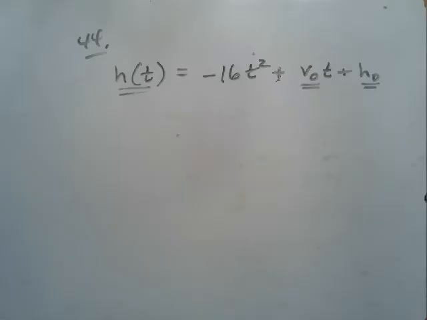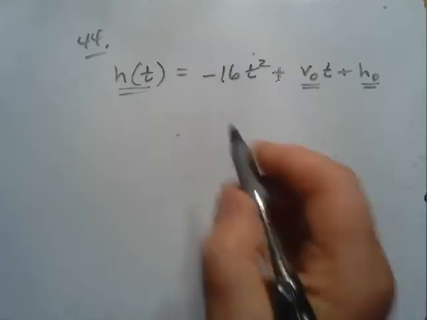All right, number 44, basically it's the same problem. Okay, same formula. A boat in distress launches a flare straight up with a velocity of 190 feet per second. Ignoring the height of the boat, how many seconds will it take for the flare to hit the water?